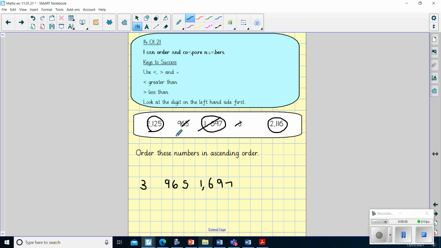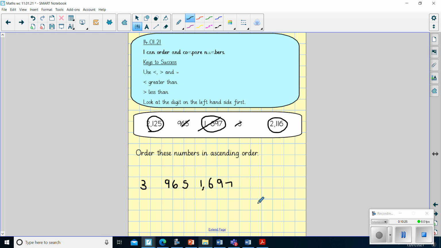So now I'm left with these two numbers, so I've got to decide which one is next. So I'm looking for the smaller number out of these two. 2,125 or 2,116. So they've both got 2,000s, they've both got 100. This one here has got 2 10s and this one here has got 1 10.